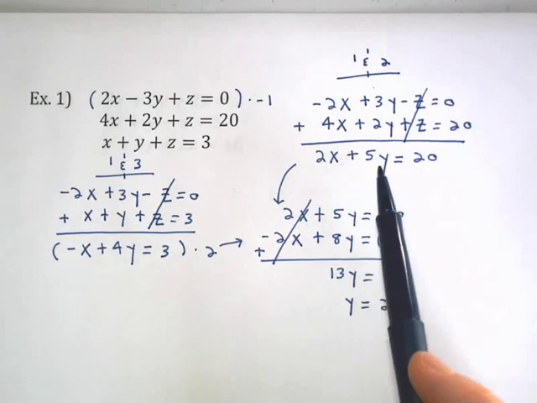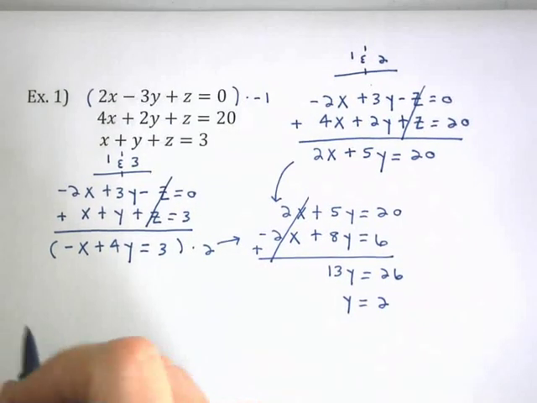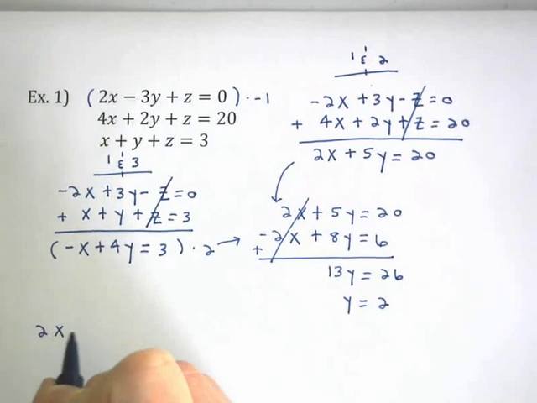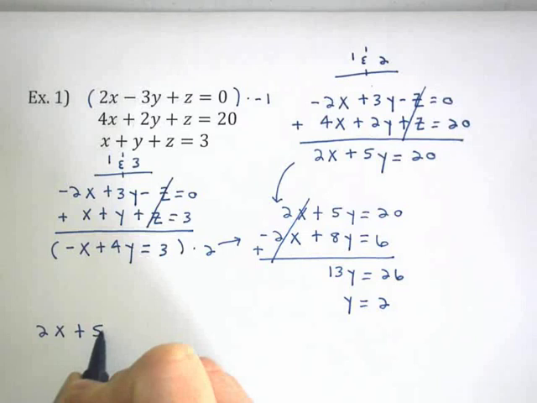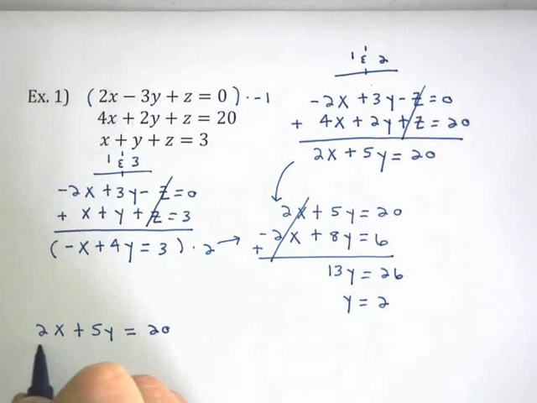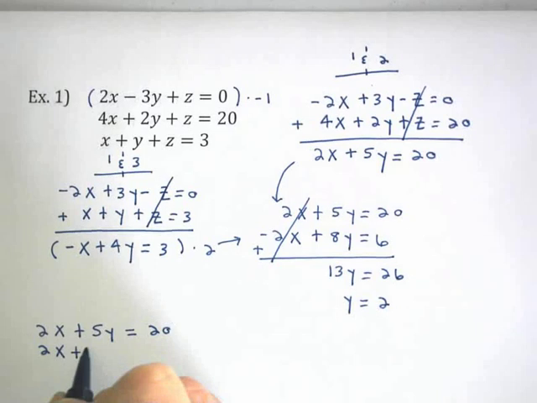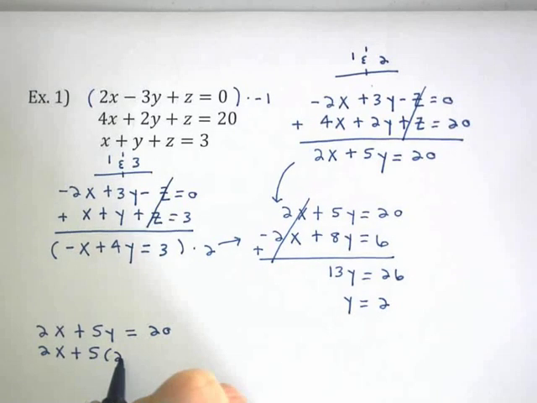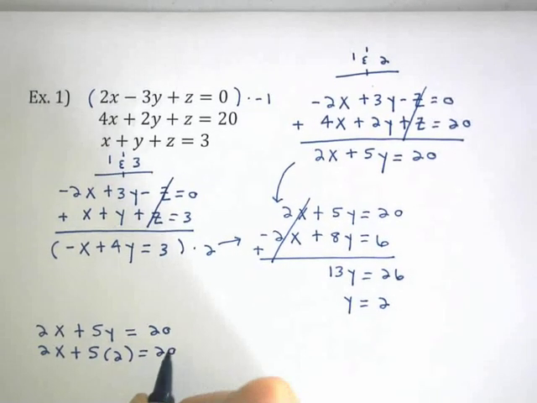So if I use this equation here, I'm going to put in y equals 2, and that means I'll be using it to find x. So here's the equation I'm working with. And then here's me putting in 2 for y.